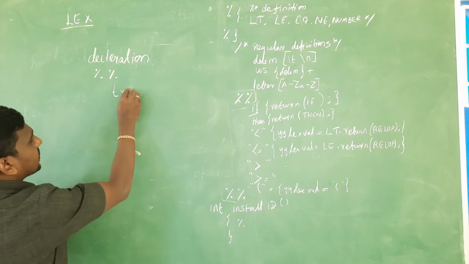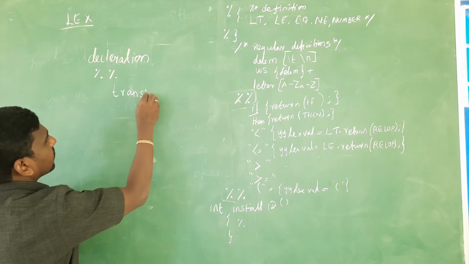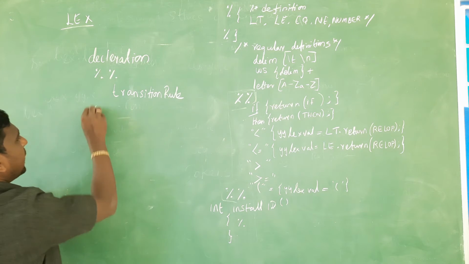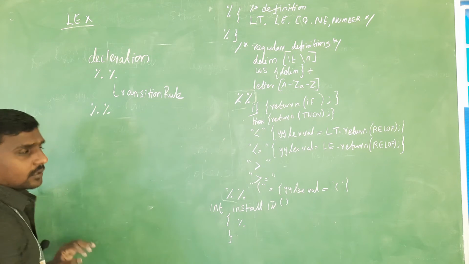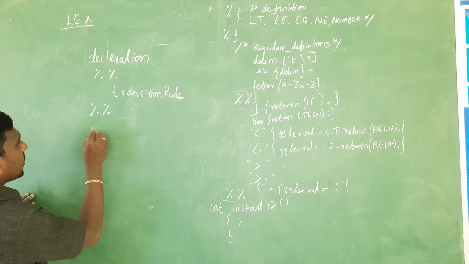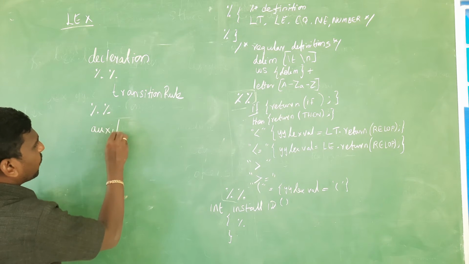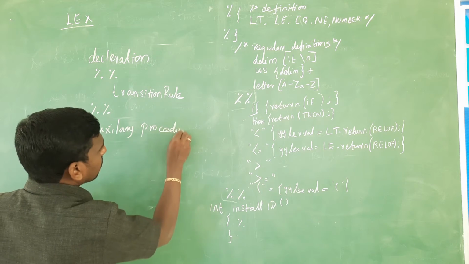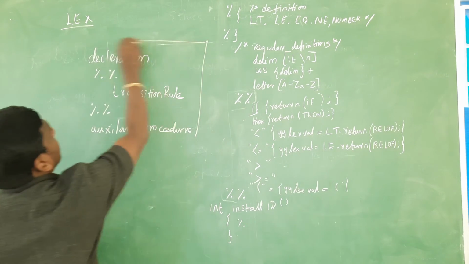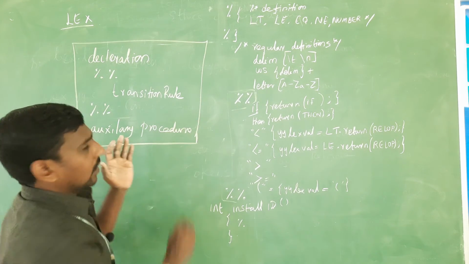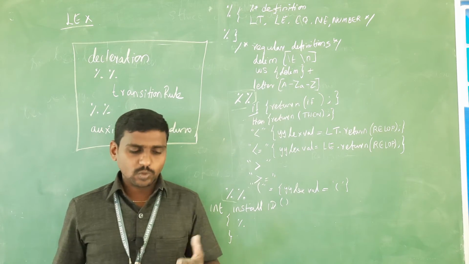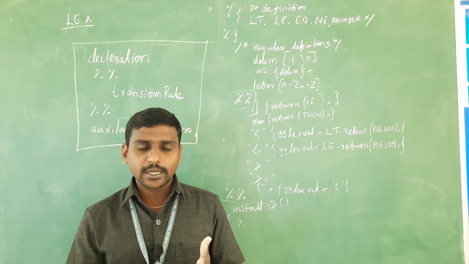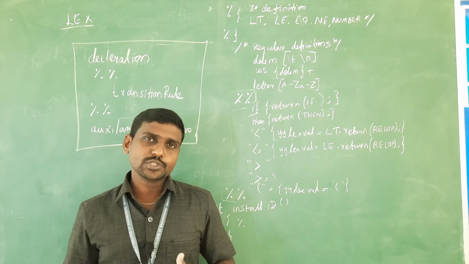And now it is the transition rule, and it ends with the two delimiter symbol. And last one is the auxiliary procedure. This is the syntax for the Lex tool. First one is the declaration part, second one is the transition rule part, third one is the auxiliary procedure part.